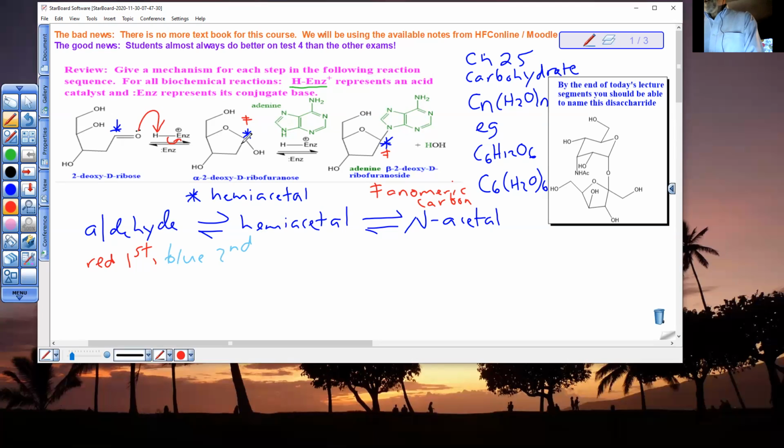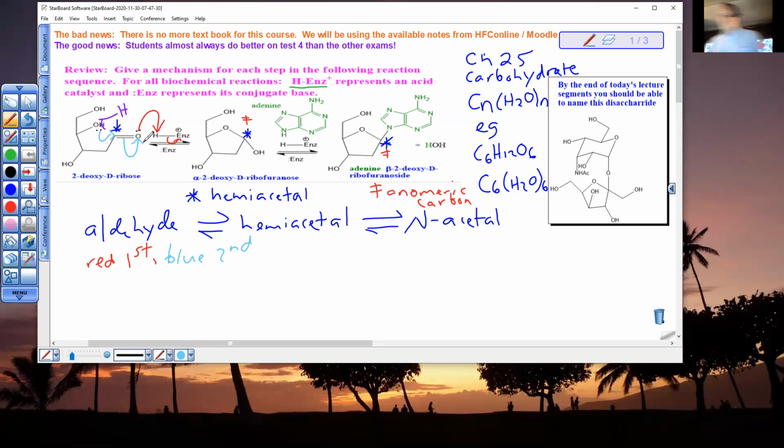And what I'm going to do is do a little editing here. Show that H off of here. Here's the lone pair. Second step, lone pair attacks the activated carbonyl carbon. And we can actually finish the mechanism off.